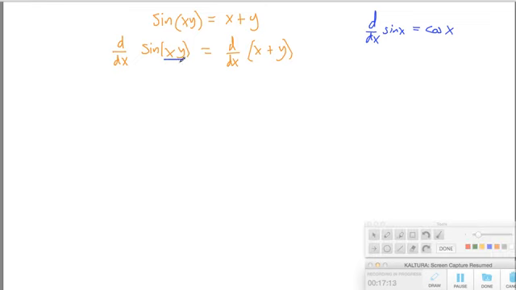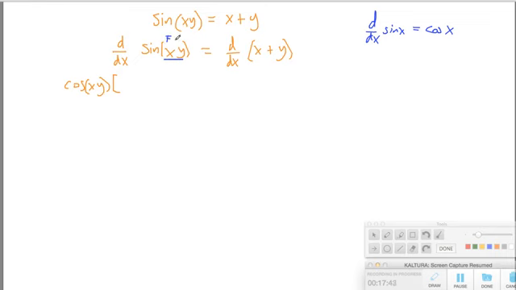If one of these was just a constant, we wouldn't be worried, but since it's two functions, we've got to worry about it. So, continuing on, we know the derivative of sine is cosine. But then what happens here is we've actually got to do a product rule.